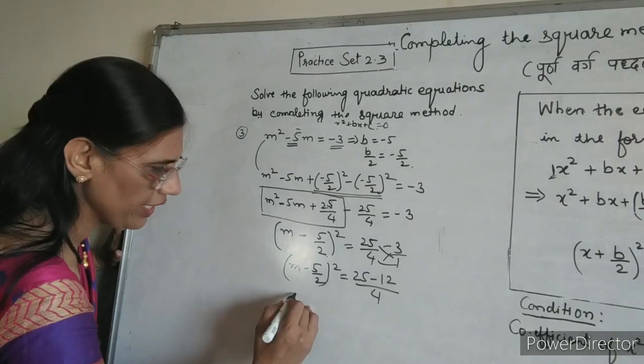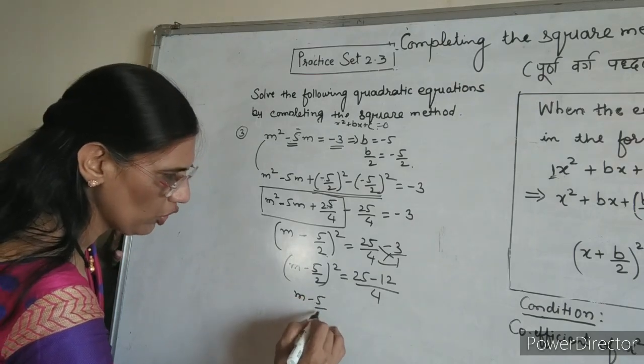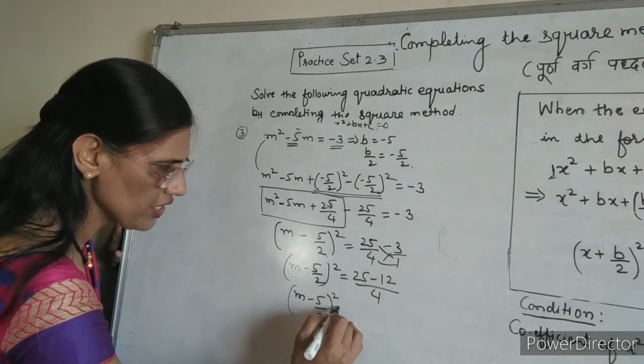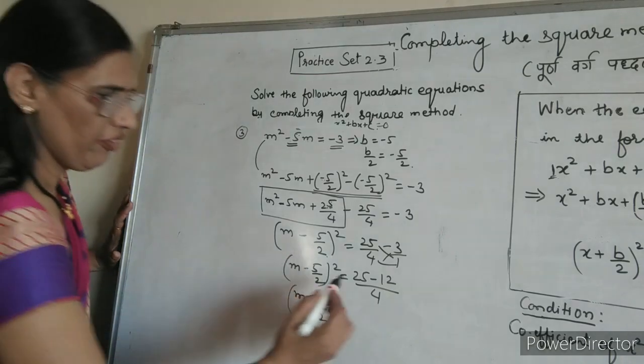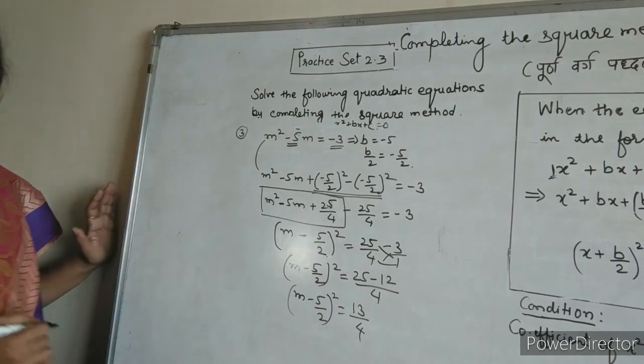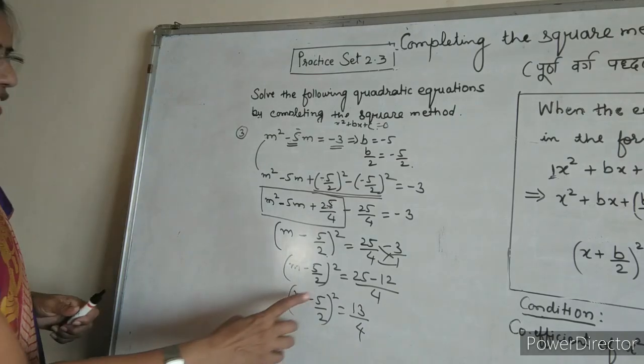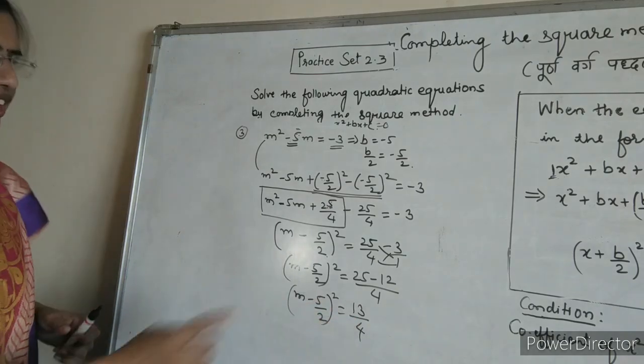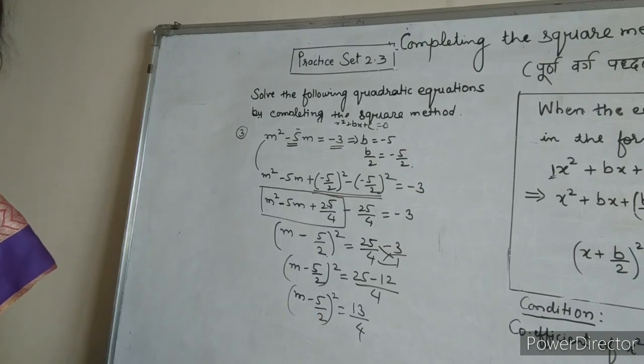So (m minus 5 upon 2) whole square is equal to 25 minus 12, that is 13 upon 4.